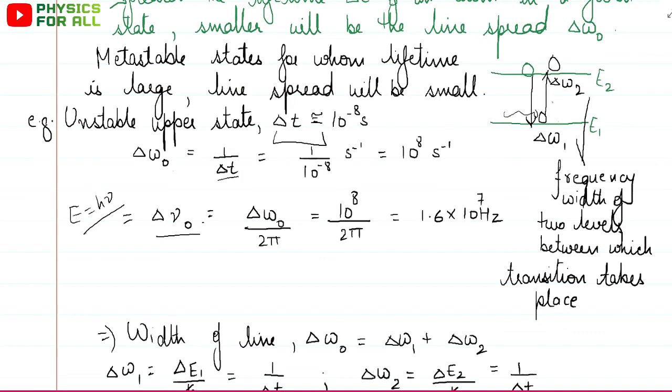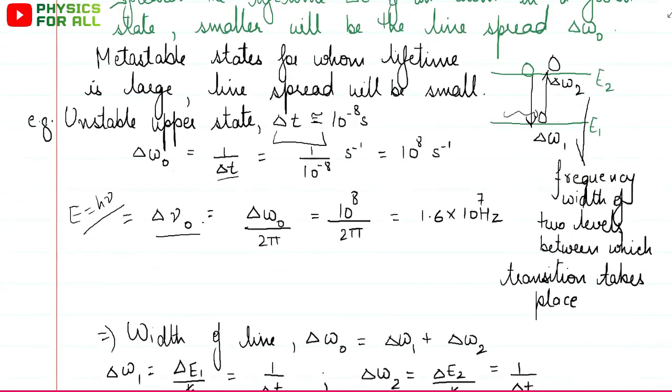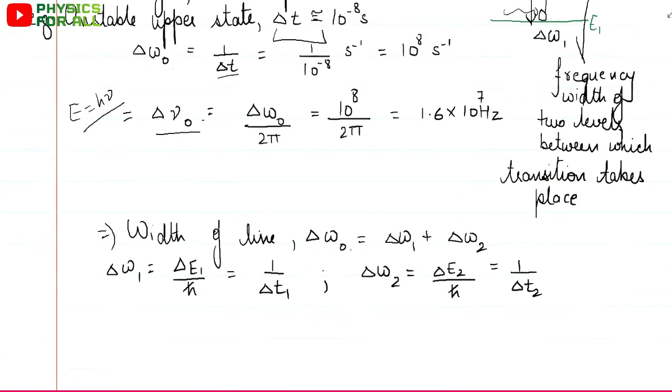So both have their own lifetime, and this transition keeps happening at some pace depending on the lifetime of the two states. It's not only the upper energy state, in fact the lower energy state is also important. Both of the levels between which the transition is taking place are important, so the width of the line would be the sum of both. This is quite fundamental.